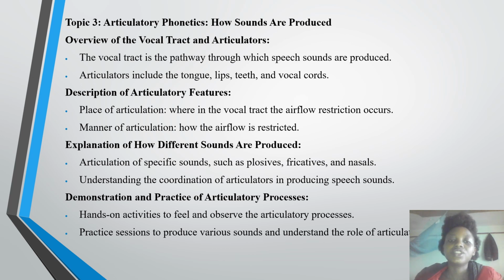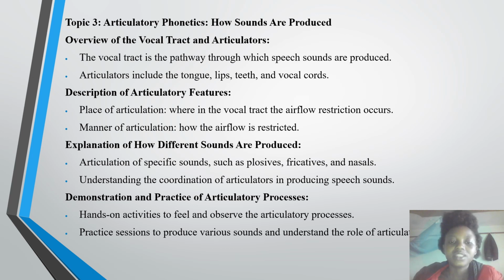Description of articulatory features. Place of articulation: where in the vocal tract the airflow restriction occurs. Manner of articulation: how the airflow is restricted. Explanation of how different sounds are produced. Articulation of specific sounds such as plosives, fricatives, and nasals.